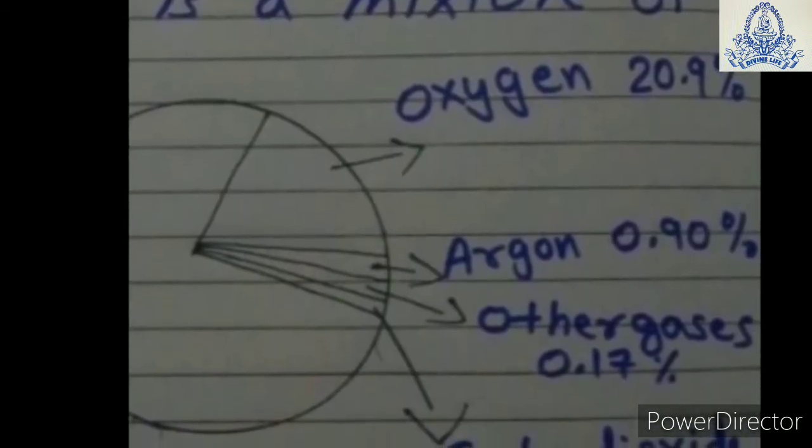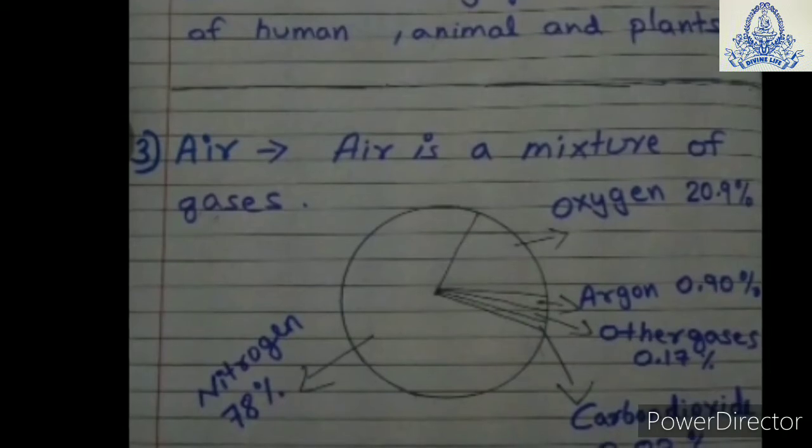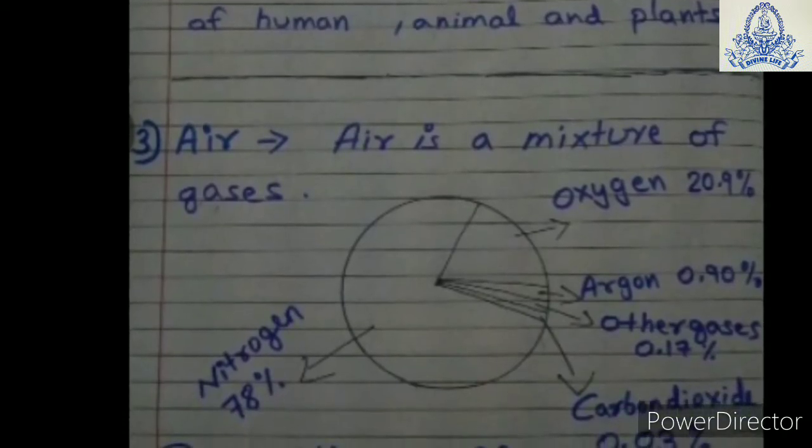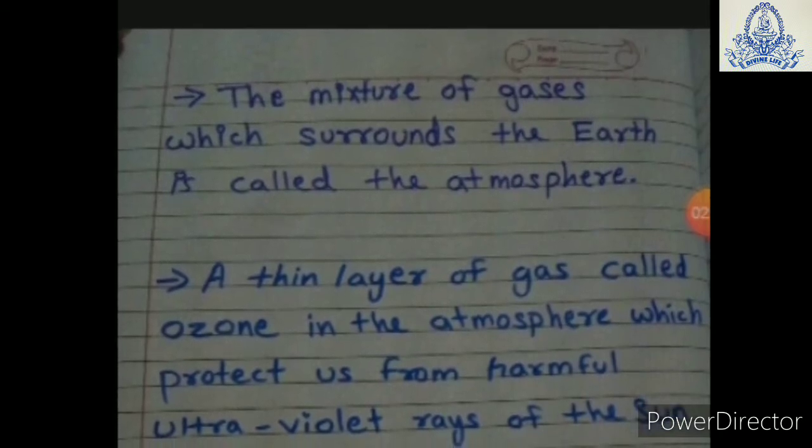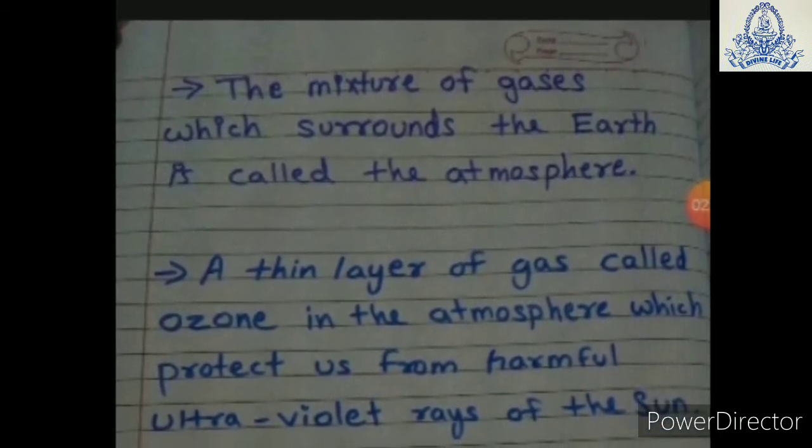So this whole mixture of gases becomes the atmosphere. So the mixture of gases which surround the earth is called atmosphere.